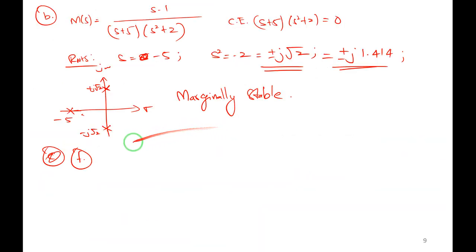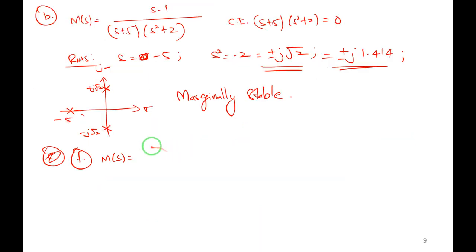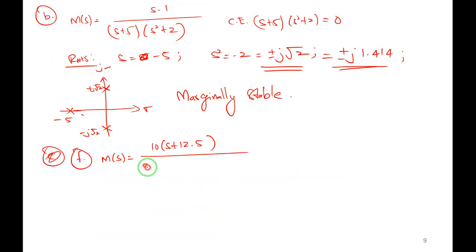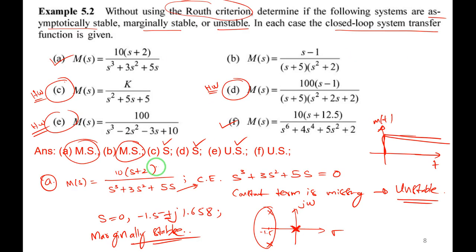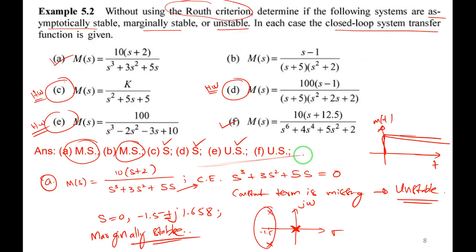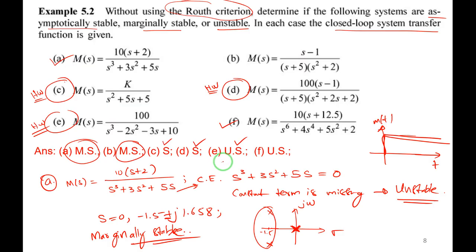So F, M of S is equal to 10 into S plus 12.5, divided by s to the power of 6 plus 4s power 4 plus 5s square plus 2.